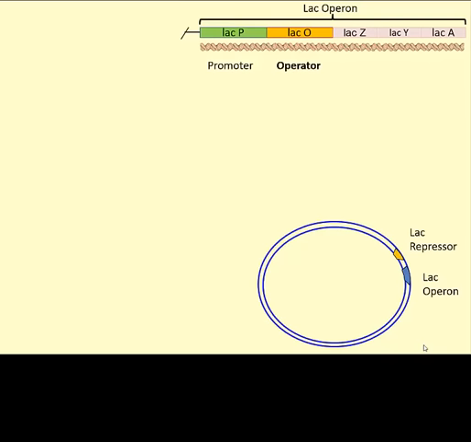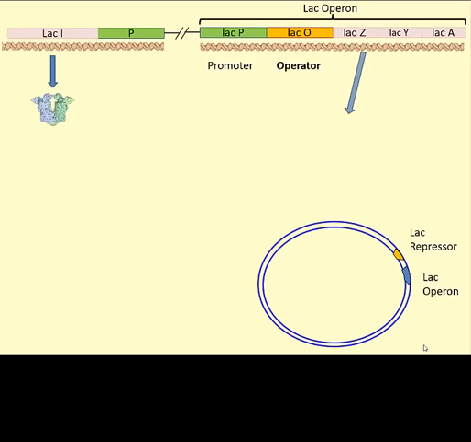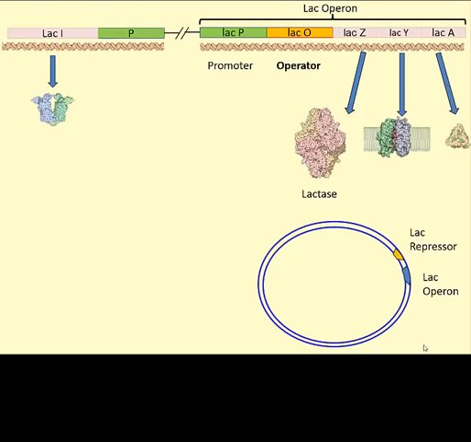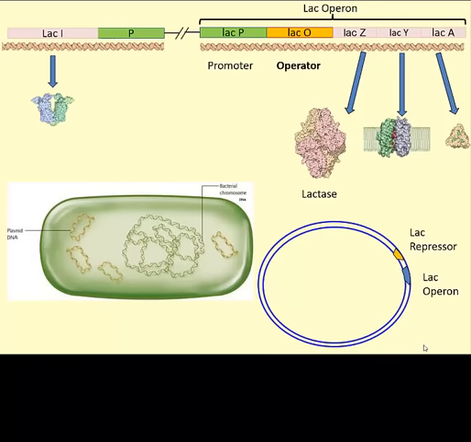The lac repressor is encoded from a separate gene called lacI, which is located elsewhere in the genome. It has its own promoter and is not part of the lac operon itself. Here are the locations of the enzymes encoded by the lac operon in the cell. lacZ encodes lactase, which will be found in the cytosol. lacY encodes a channel protein called permease, which will be found in the plasma membrane.